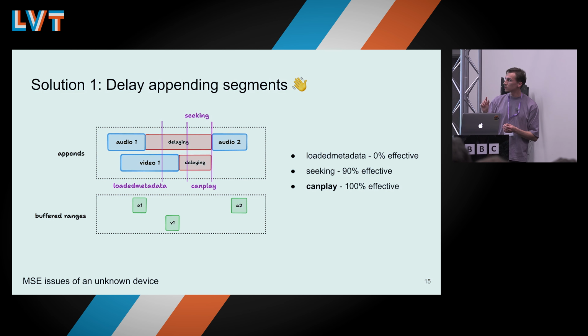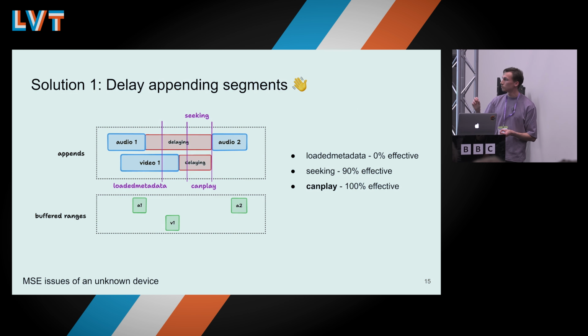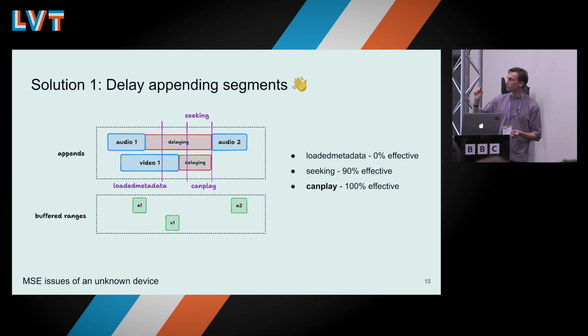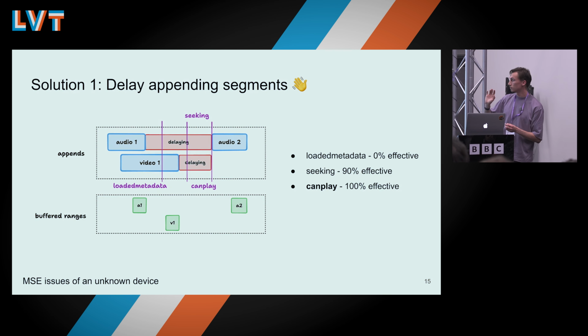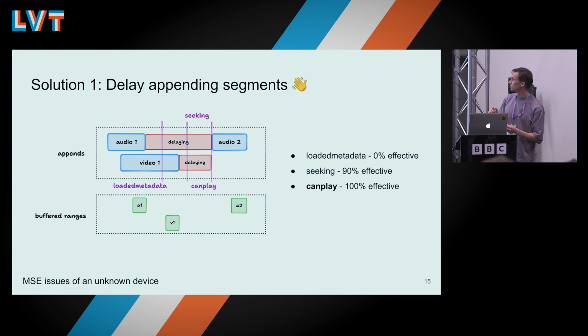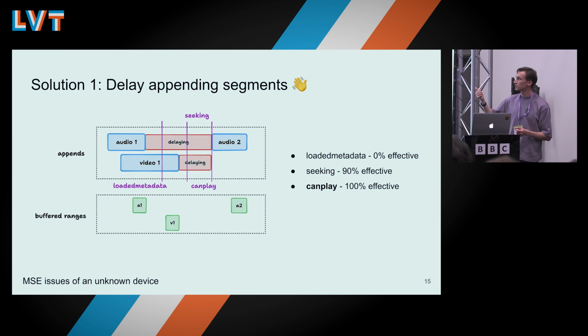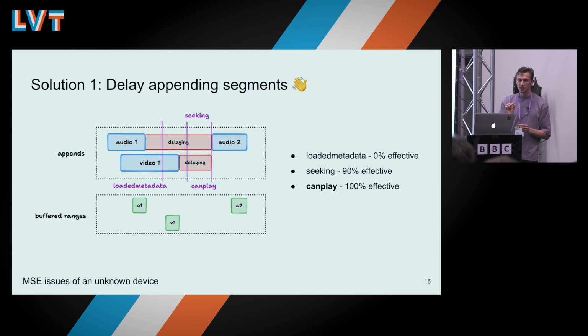Then we have the moment when we set the start time. Usually the content starts somewhere, so we set the start time, and shortly after we have a second video event. This event showed a really good improvement. It was 90% effective, but it still was a bit early.